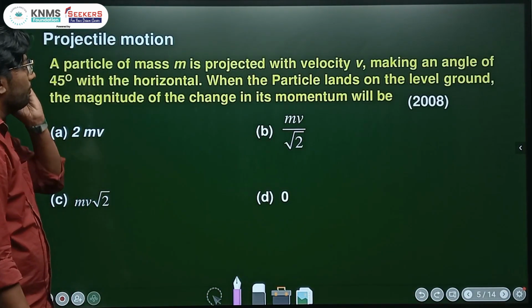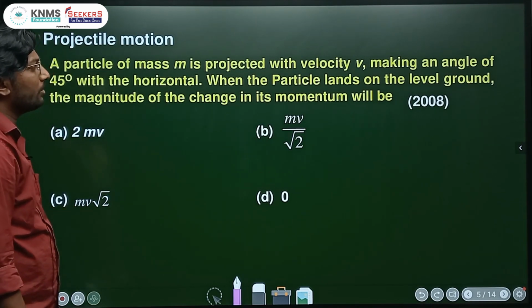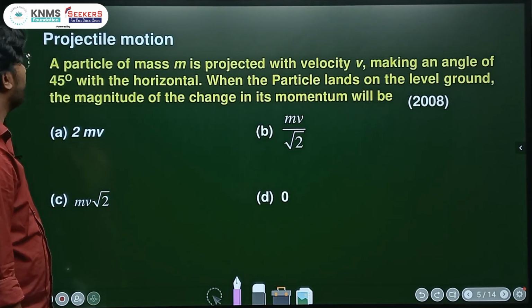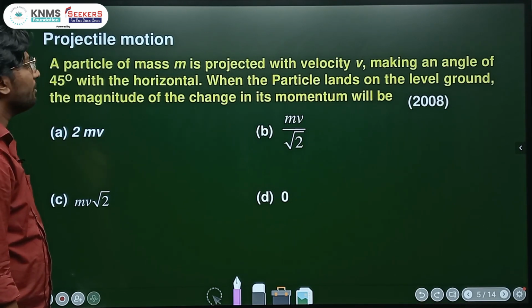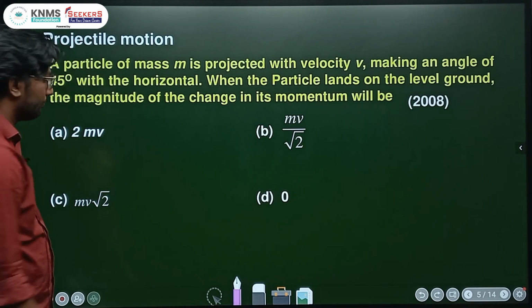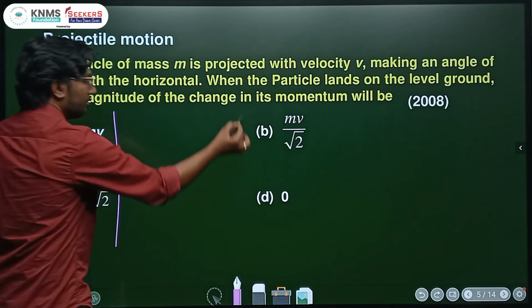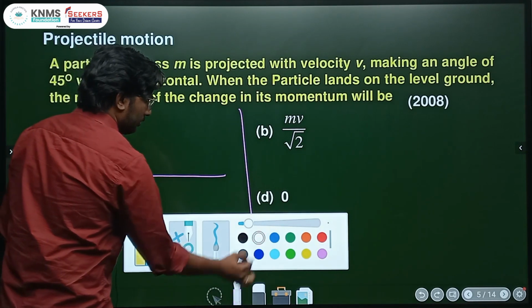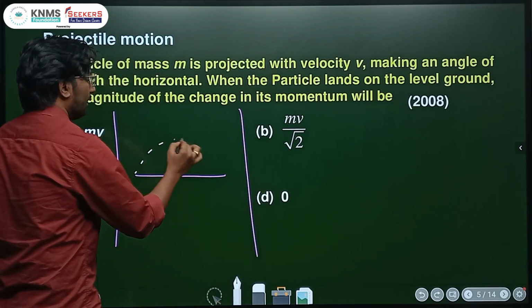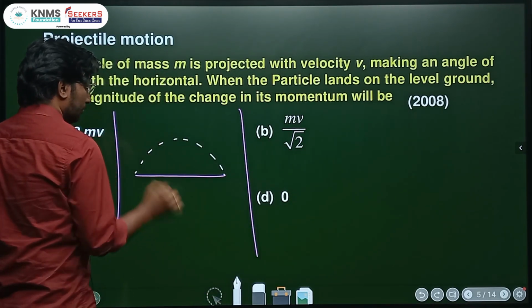Number 1. A particle of mass m is projected with velocity v, making an angle of 45 degrees with the horizontal. When the particle lands on the level ground, the magnitude of change in its momentum is. Let's understand clearly. The particle has gone through this projectile.